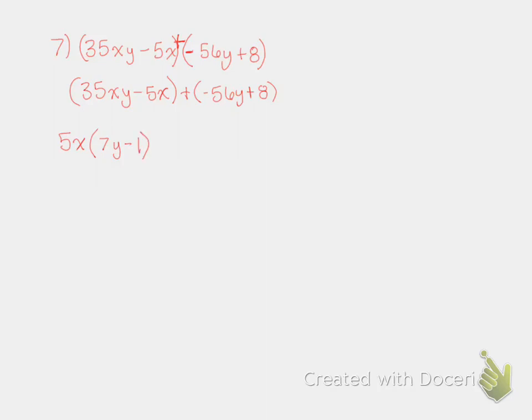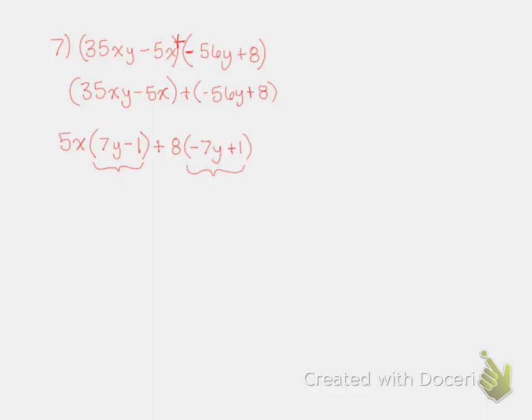Okay, plus, now we look here, what's your greatest common factor? Well, we can take out an 8, and that gives us negative 7y plus 1. So look at your terms here. Are they the same?